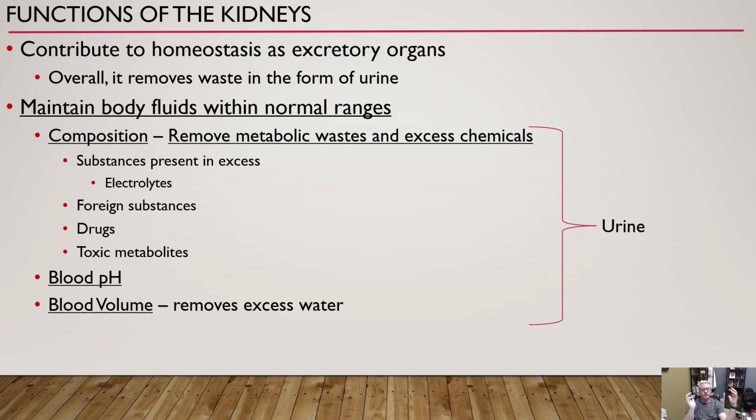It's going to remove metabolic wastes and excess chemicals. If we have too much of something in excess, such as sodium, potassium, or any electrolytes, it's going to remove those. Any foreign substances, drugs, medications, any toxic metabolites, the kidney's going to filter those out and remove those.